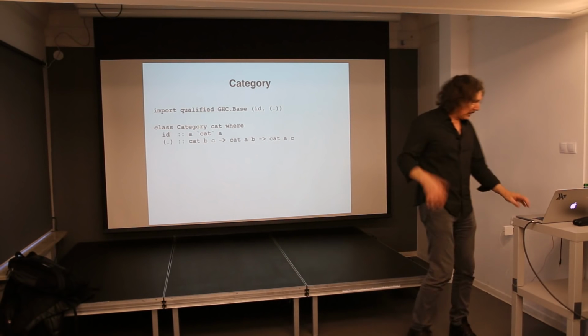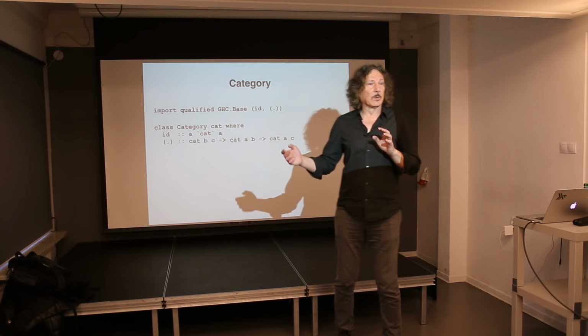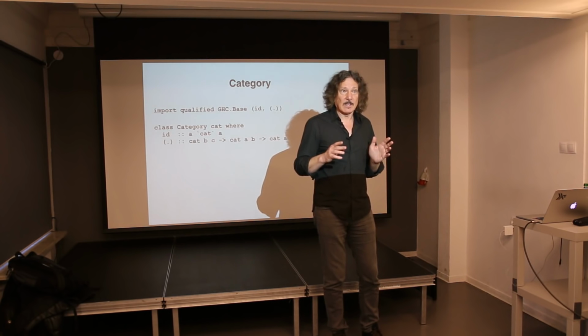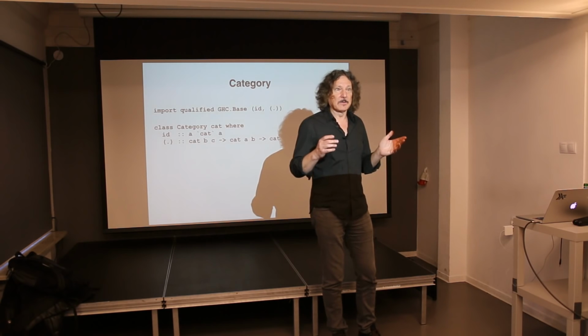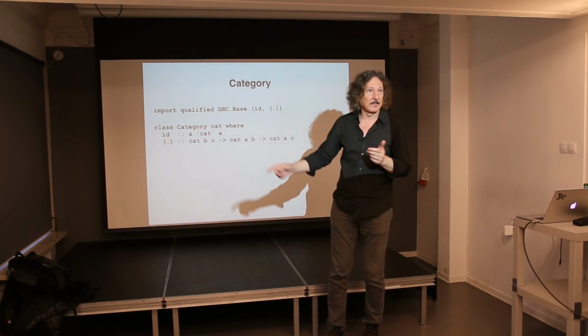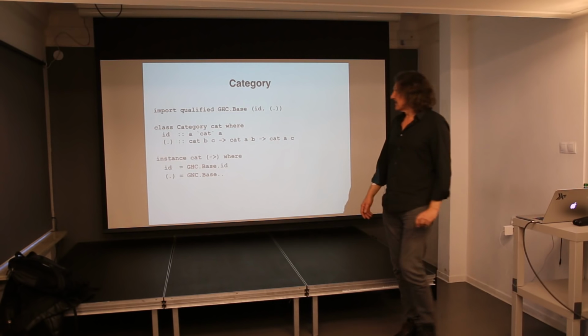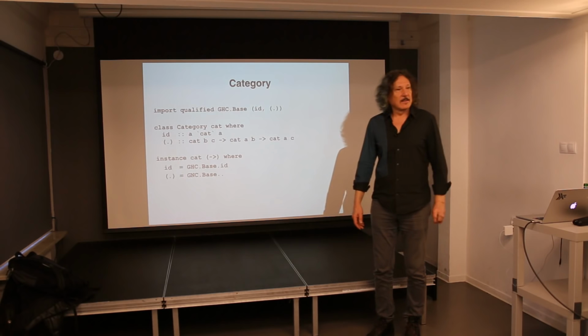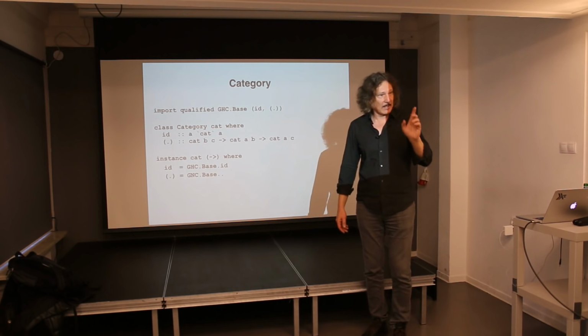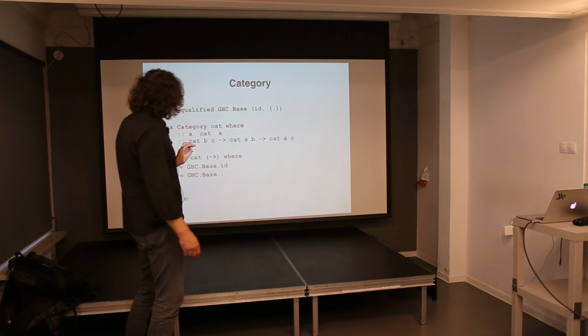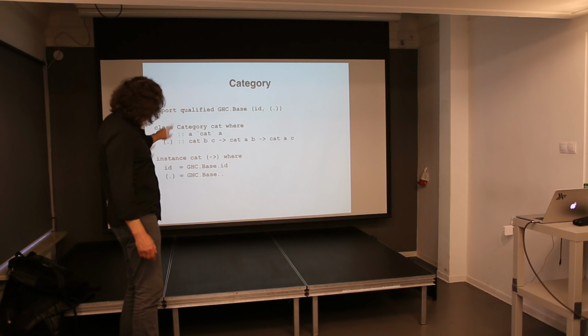And of course, once you do this, then suddenly if you want to compose regular functions, the compiler will say, I don't know how to compose regular functions because you have hidden the dot from the base, right? So if you do this, you probably want to do this as well. By the way, the thing about functions is that they also form a category, right? So the instance of the category, sorry, this should be category, not cat.